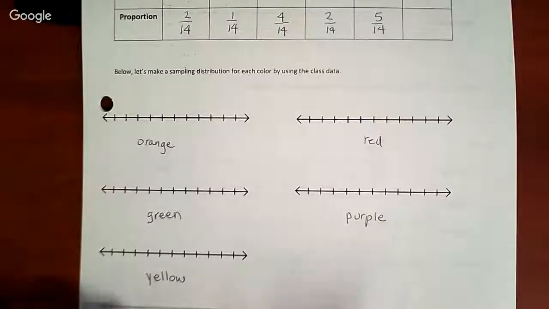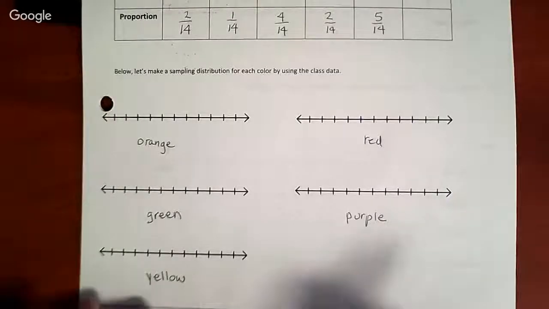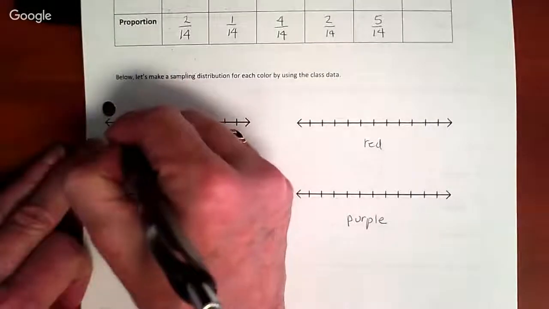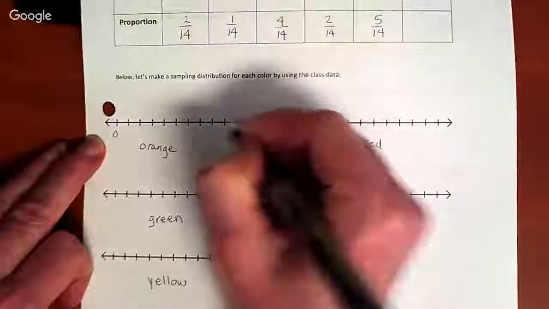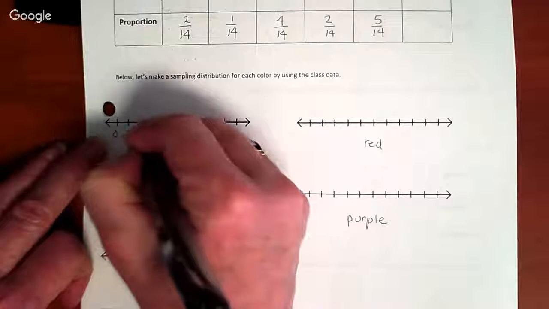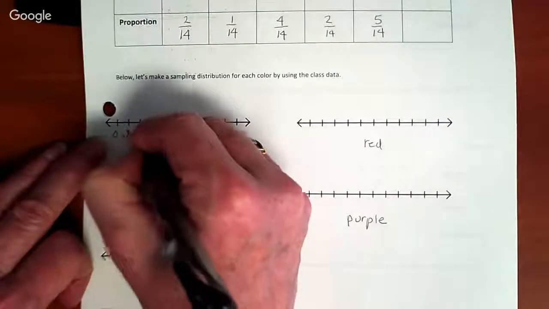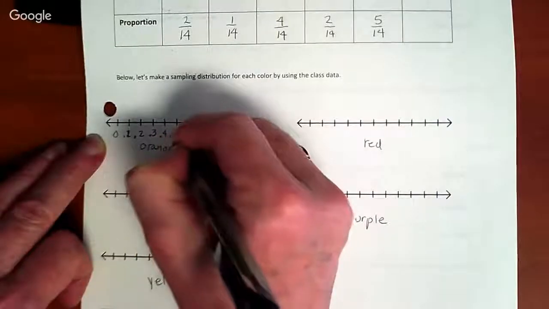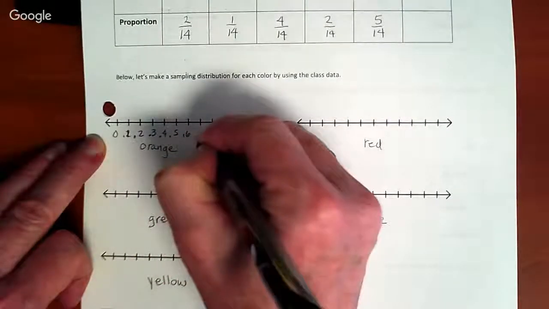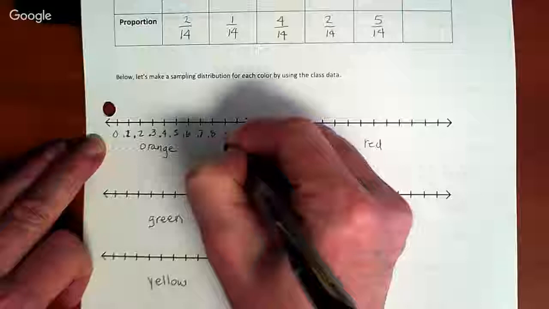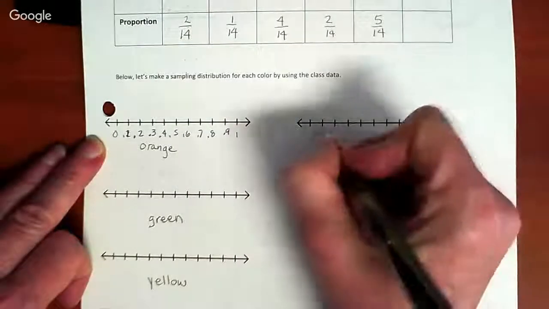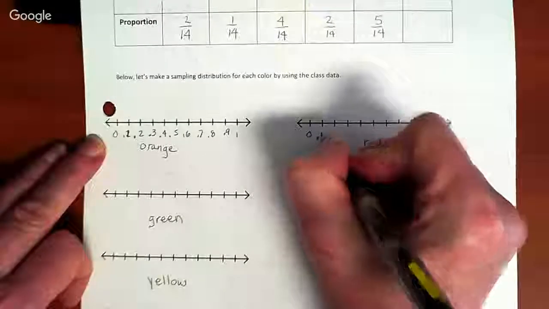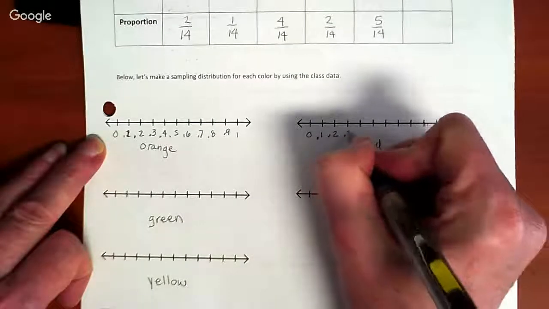And we did this from class period 2. So this is the information that you're going to have from period 2. This is 1, 2, 3, 4, 5, 6, 7, 8, and 9. And that's how you're going to label all of these from 0 to 1. We're going to round each of these to the nearest tenth.